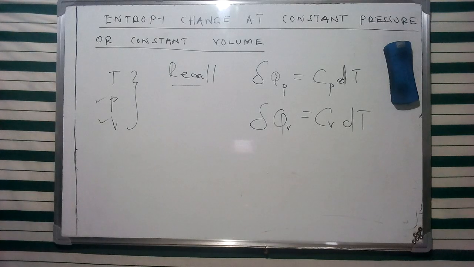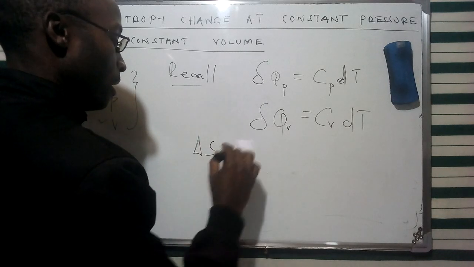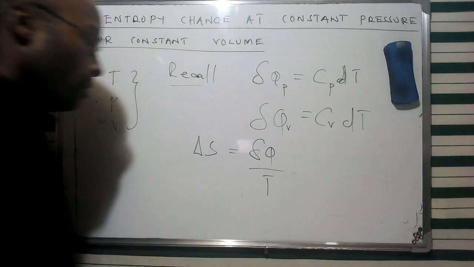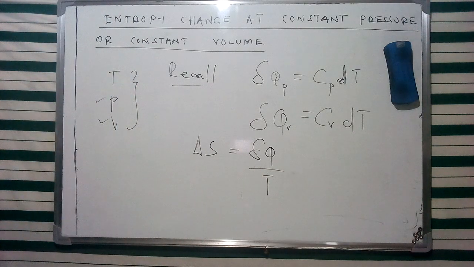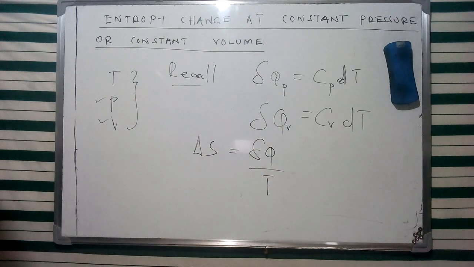Then we had mentioned that we are going to represent entropy, which is the ratio between the heat and the temperature involved in this particular case. Involving this aspect of constant pressure and volume is going to give us the specific equations that we need to represent entropy.